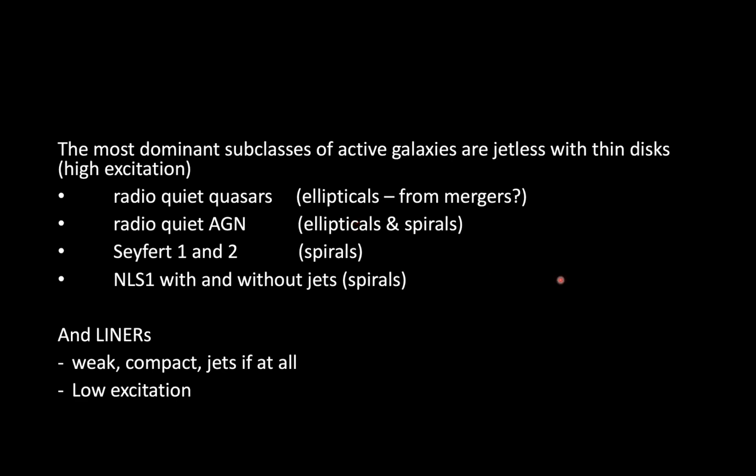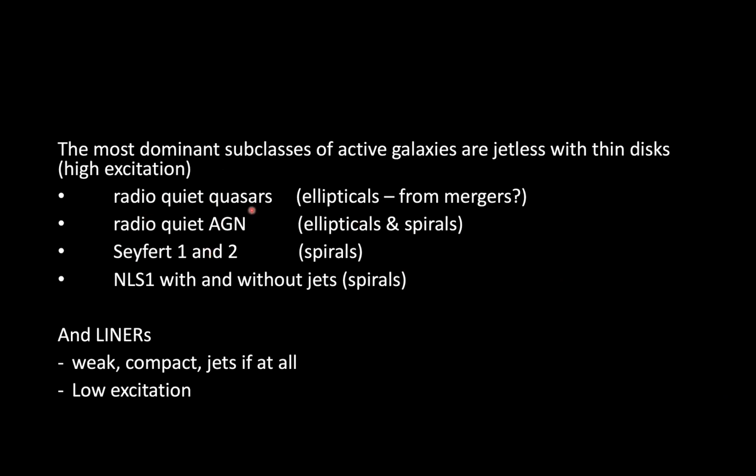And so we summarize the most dominant subclasses of these active galaxies. As we mentioned, many are jetless, and we think of a number of these as having thin disks, the high excitation ones. Most high excitation systems don't have jets, and we call them in different ways, and some of these sort of overlap.